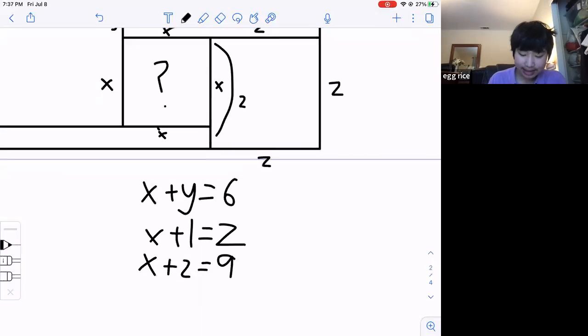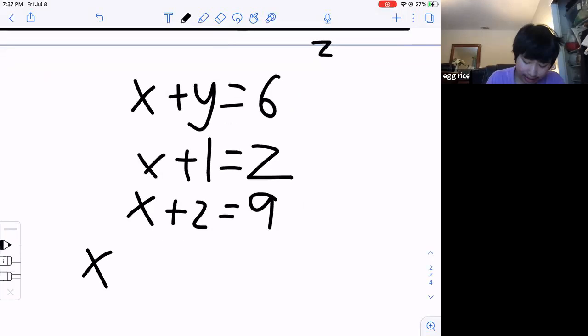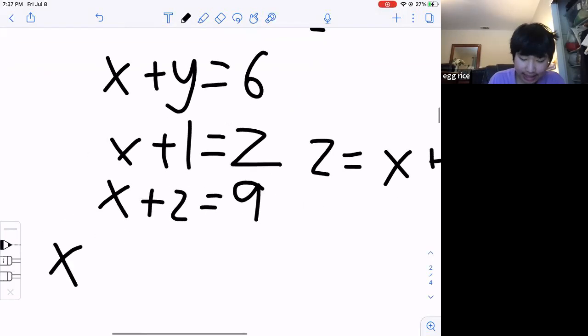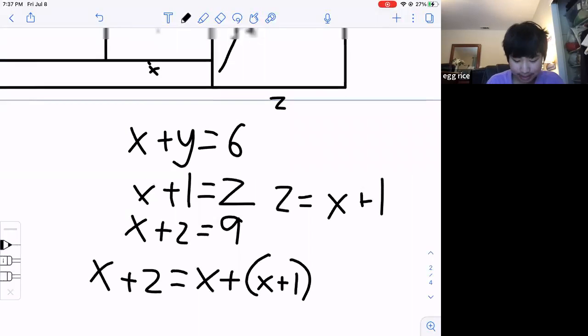Because we know that x plus 1 equals z, then we also know that x plus z equals 9. We can substitute z in there, because z equals x plus 1, so in this case, x plus z also equals x plus x plus 1. Does that make sense, everyone? It's an interesting concept, but does that make sense to everyone?